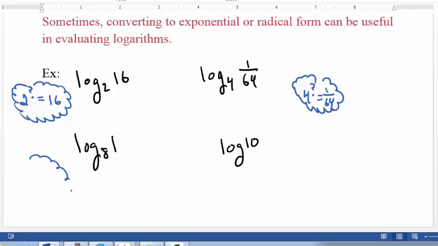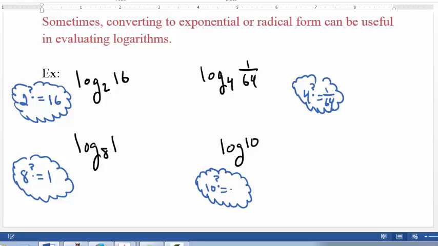Here, 8 to what power will give me 1? And over here, remember this is base 10 because it's log without a base written, so it's 10 to what power will give me 10, right? So those are the questions I'm asking myself here, and now I would just evaluate all these.